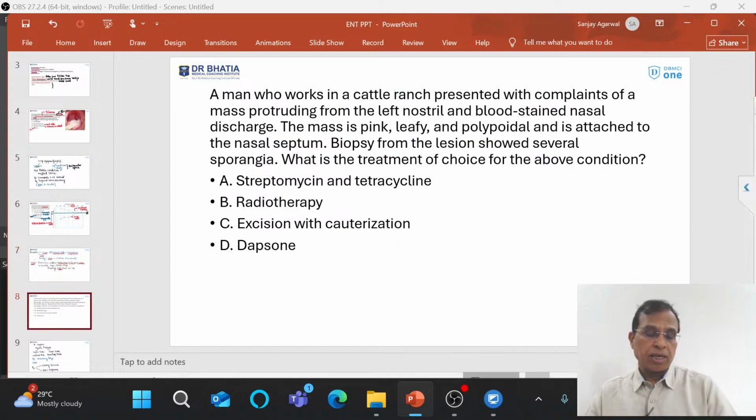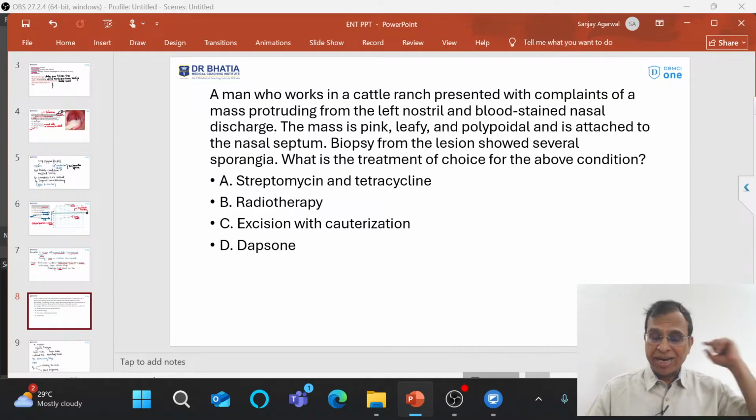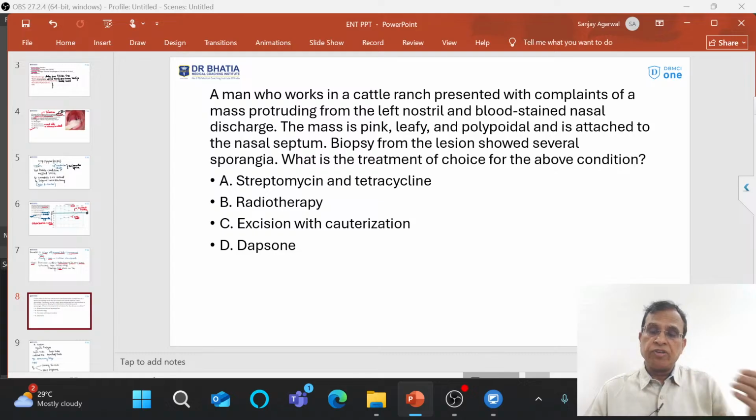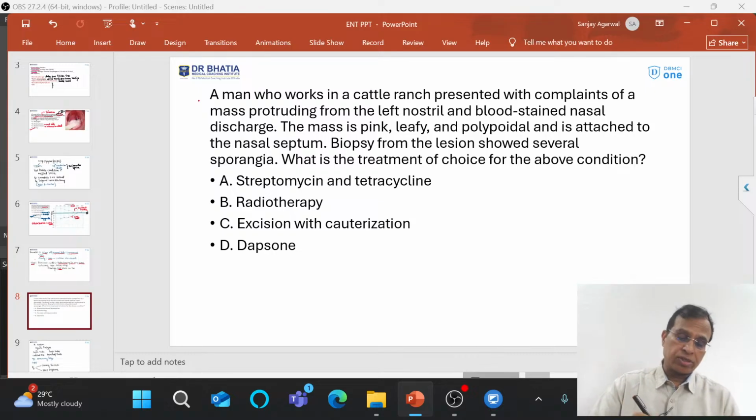Next one, a man who works in cattle range presented with complaints of a mass protruding from the left nostril with blood stained nasal discharge. The mass is pink, leafy, polypoidal, deep red in color, and is attached to the nasal septum. Biopsy from this lesion showed several sporangia. Now this is the diagnostic thing.